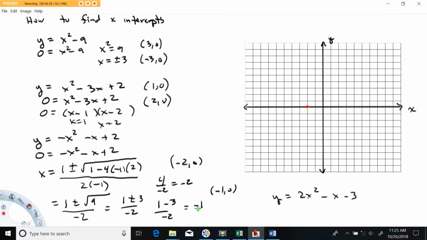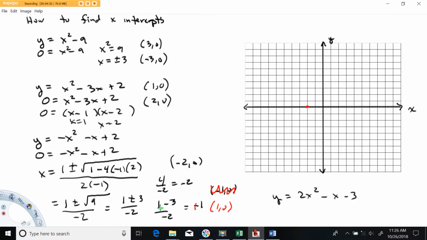Ooh, good thing I looked at that again. I forgot about the negative 2 in the bottom. 1 minus 3 is negative 2, divided by negative 2, that's positive 1, not negative 1. So that was the point 1, 0, not negative 1, 0. My bad, but I'm just going to leave that in the video.